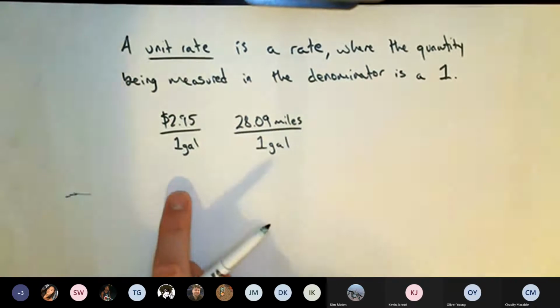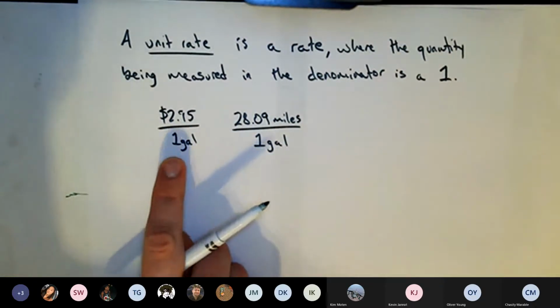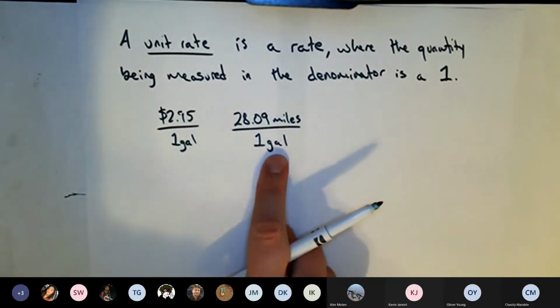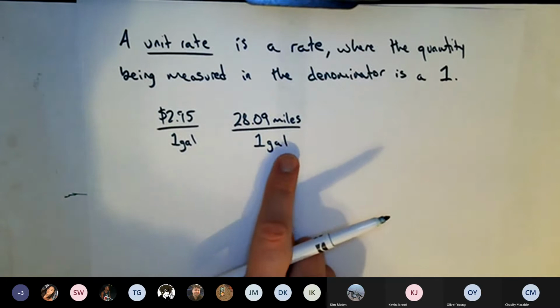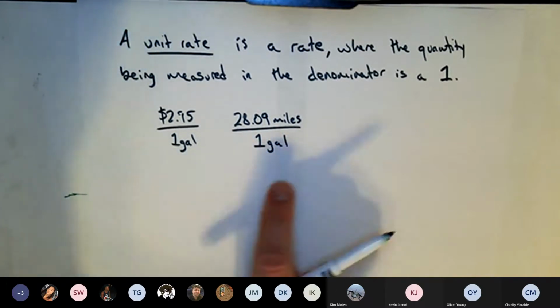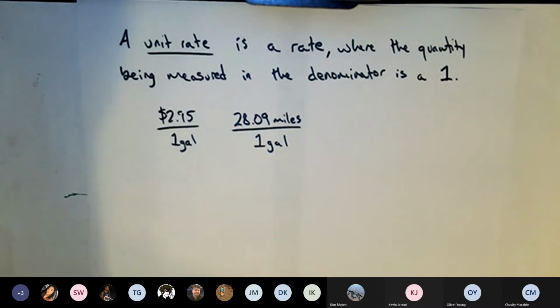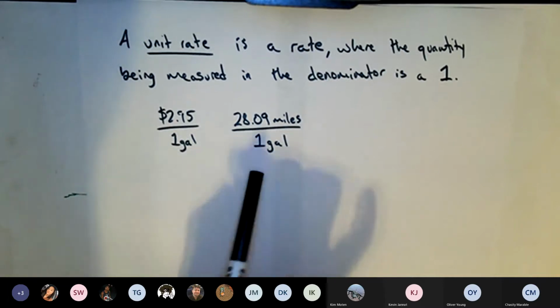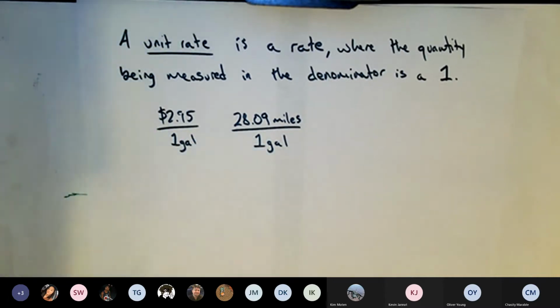So these are measuring two different things, right? This is the cost of a gallon of gas. This was her car's MPG. But they're both unit rates because they both have a 1 in the denominator. The thing being measured in the denominator has a 1 attached to it. It's very natural. This is how we like to see rates.